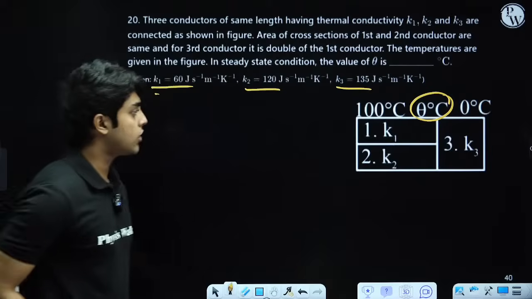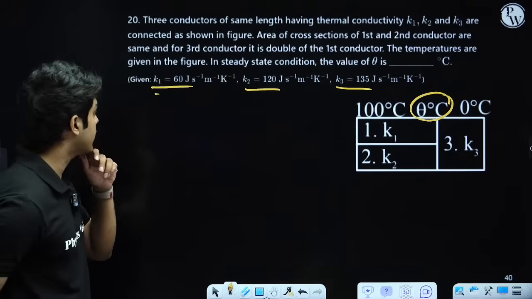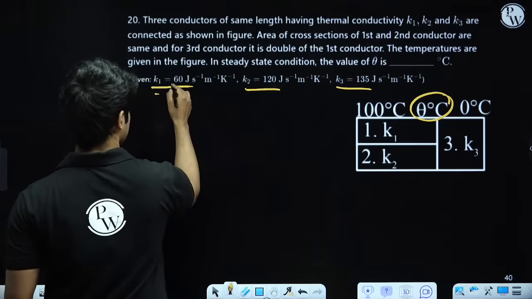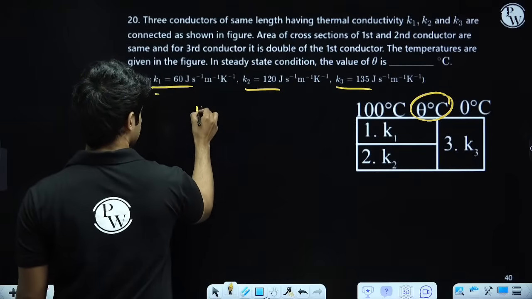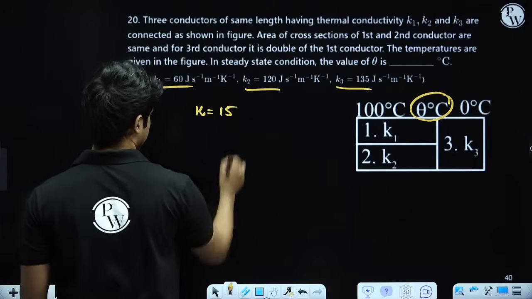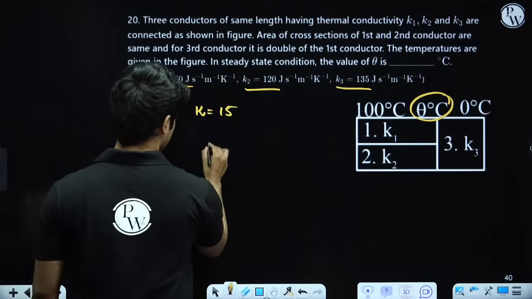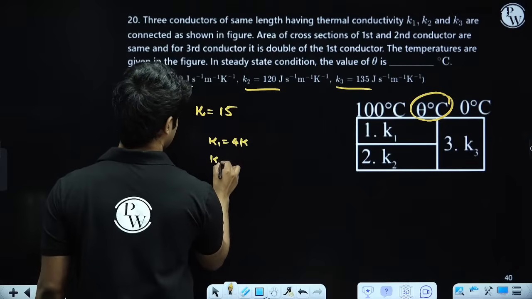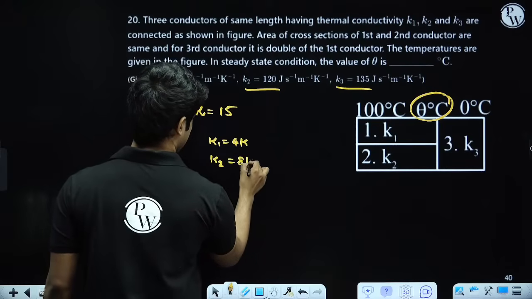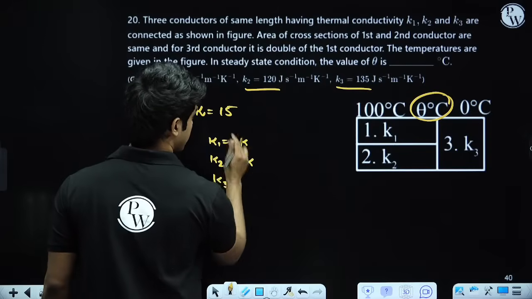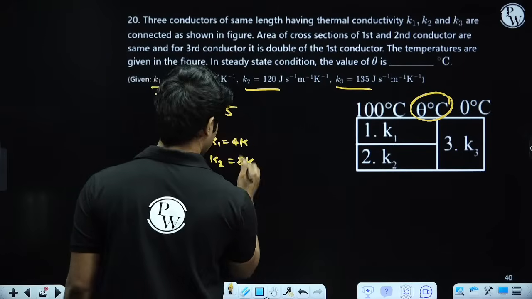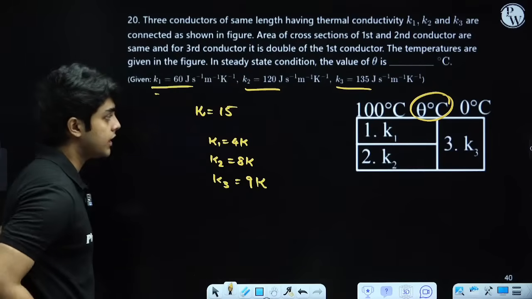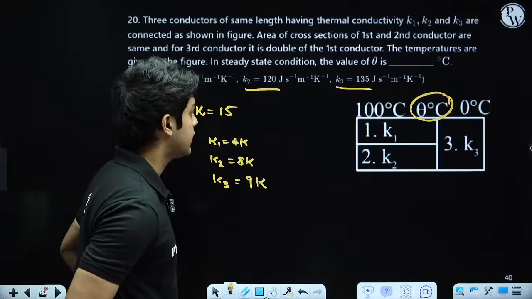Because this is not a calculation type problem, these are all multiples of 15, so I'm going to say K is equal to 15. So K1 will be 4K, K2 will be 8K and K3 will be 9K. This is so we can easily take the ratio if we write it this way.